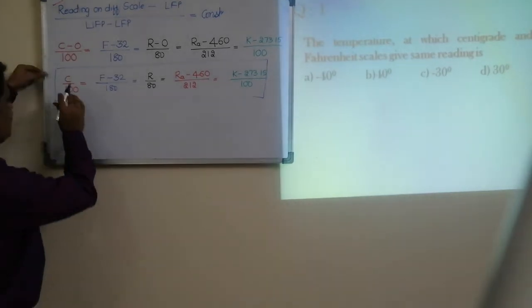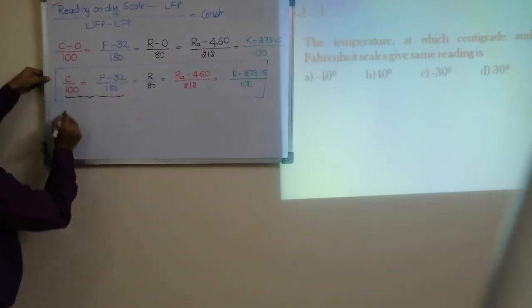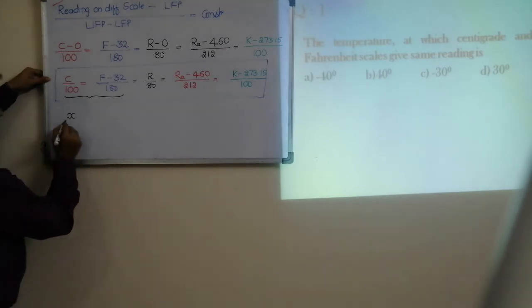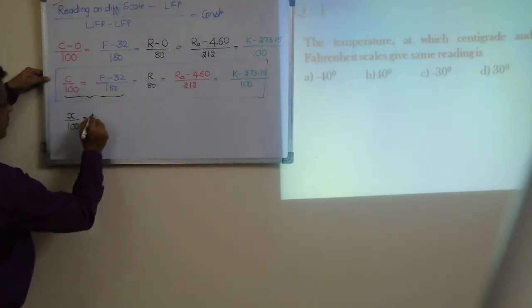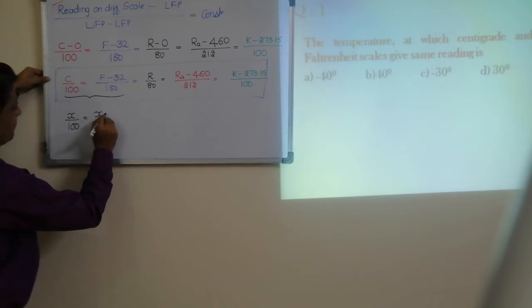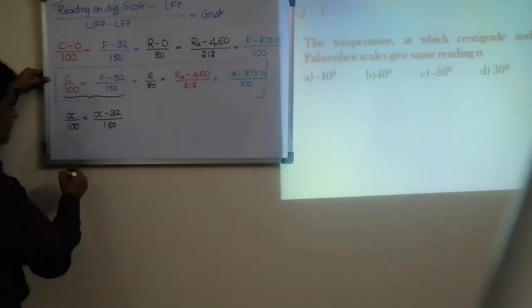I assume both are showing the reading x. x by 100 is equal to, it is also (x minus 32) by 180. Hope you can simplify.